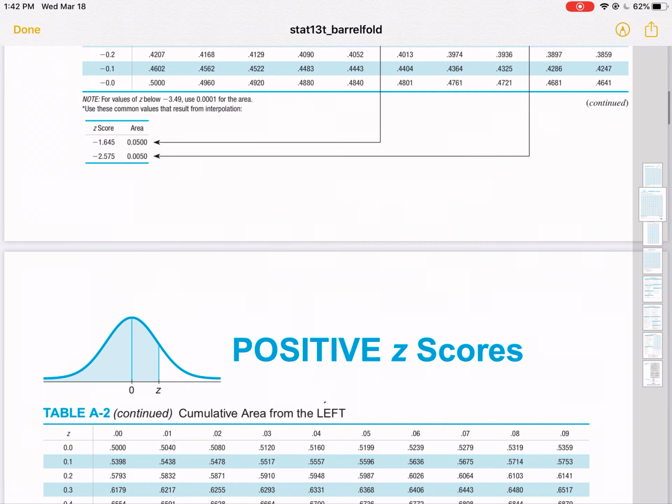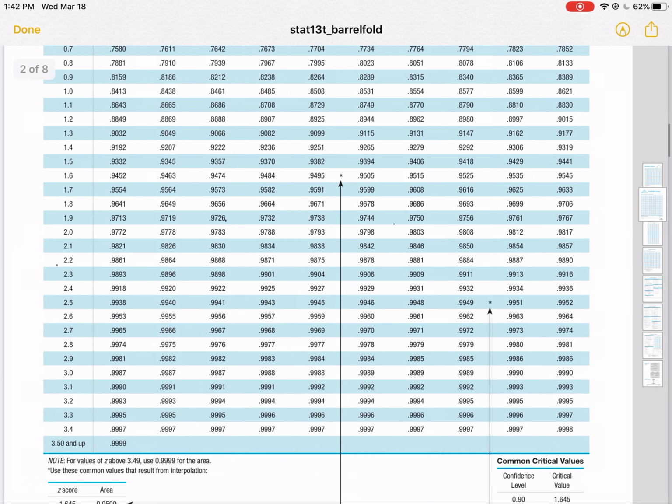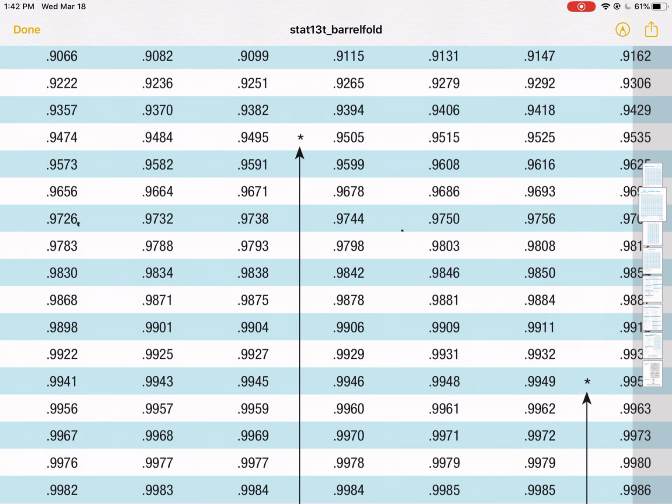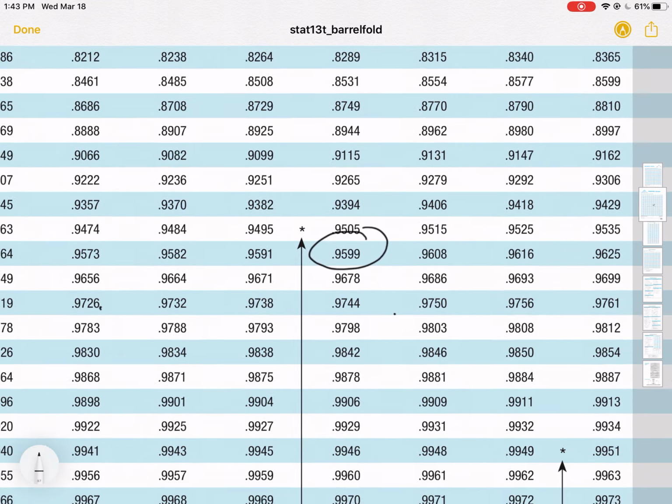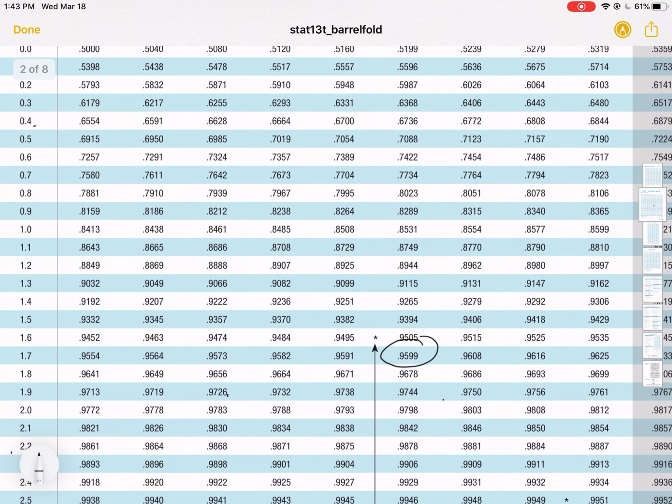We're looking for the closest we can to 9600, and I see something really close right here. I see 9599. The next number up is 9608, which is even farther off. So that's our guy.